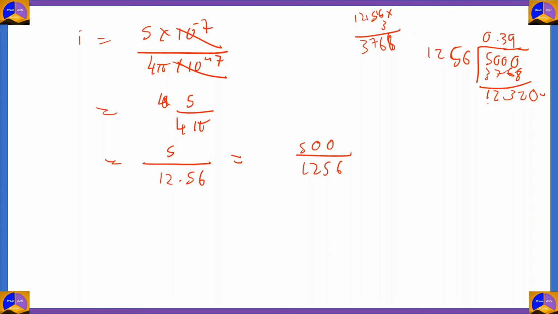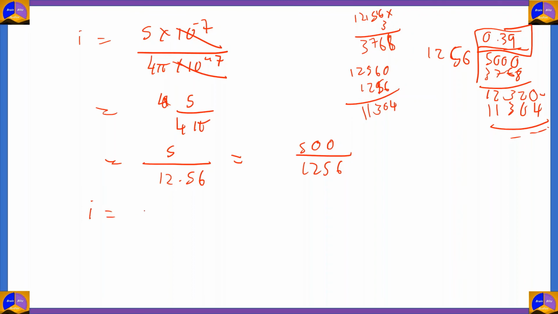So when you multiply it by 9, that's 1256 times 9. 12,560 minus 11,304. You'll get some value here, but that doesn't matter. We have our required quotient, which is 0.39. So the current will be equal to 0.39 amps.